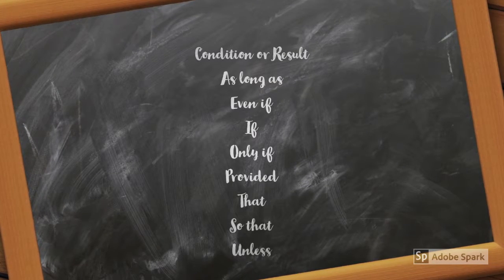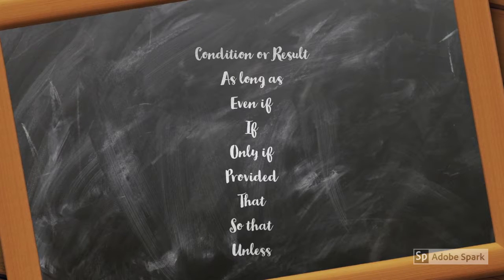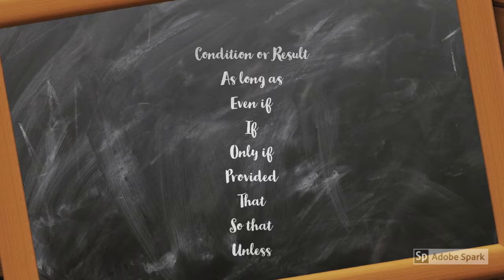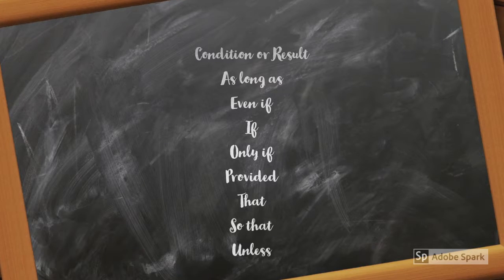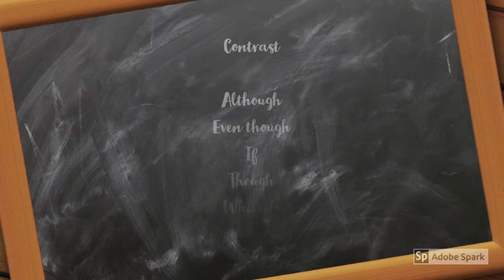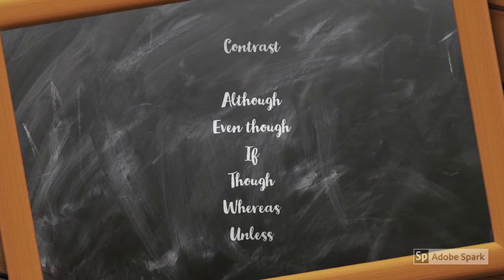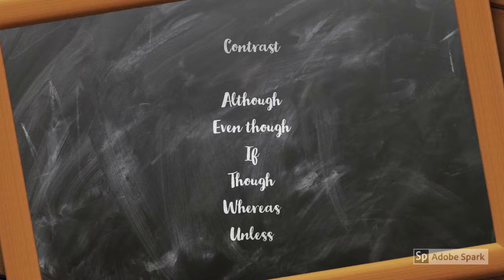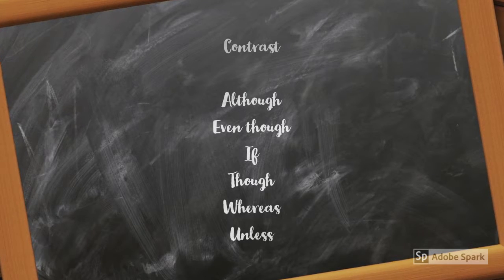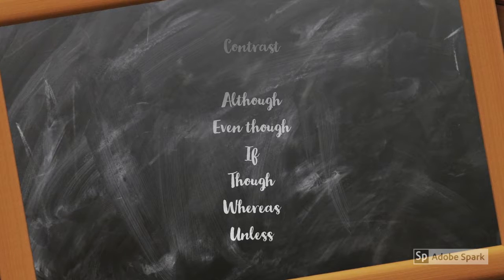For a condition or a result, use as long as, even if, only if, provided that, so that, or unless. For a contrast, use although, even though, if, though, whereas, or unless.